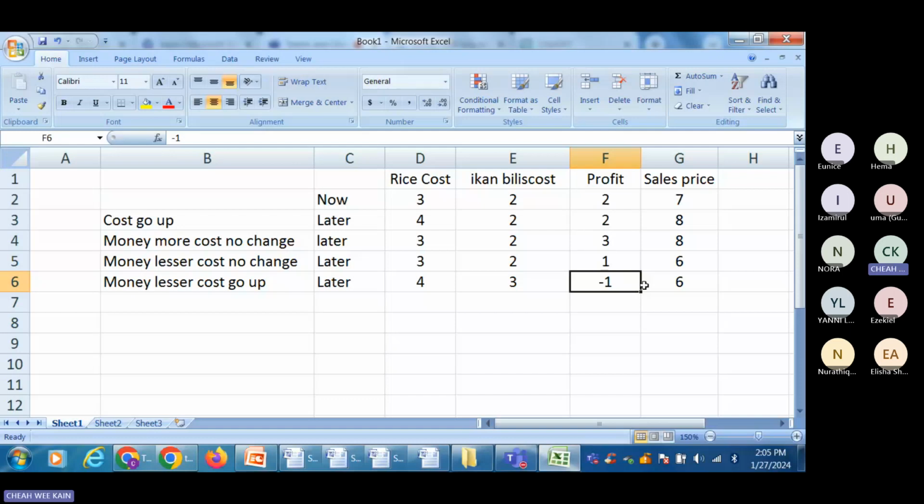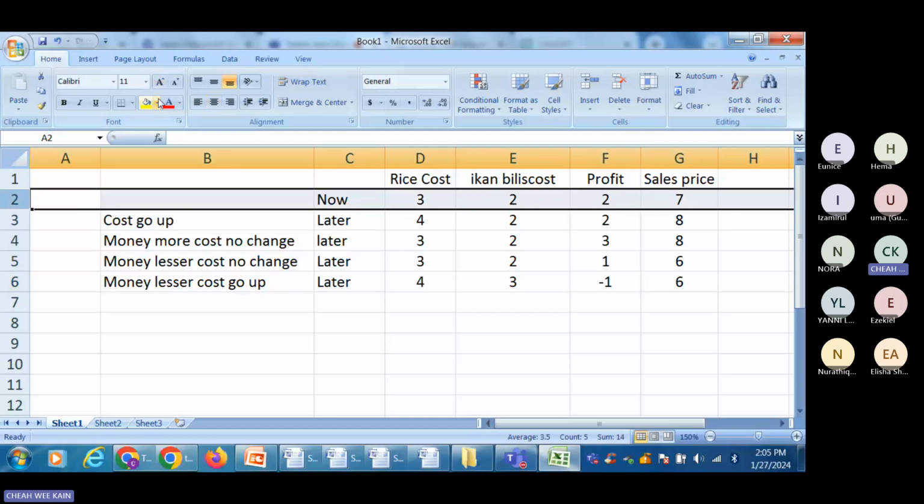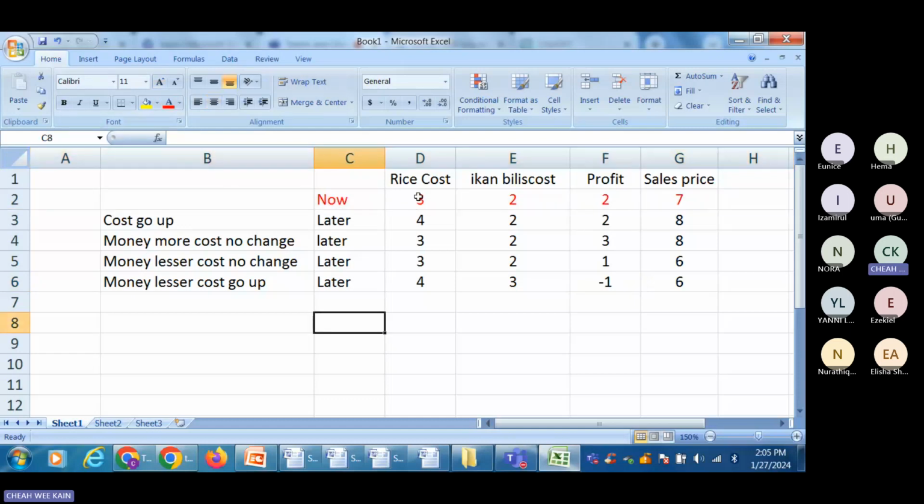If you are running a nasi lemak shop and your cost goes from 3, this is the original base, your original base is 3 and your cost goes up from 3 to 4. Ikan bilis also 2 to 3, right? And the people got no money. Last time you're selling at 7. Now you must sell lower at 6 because people have less money. So 4 plus 3, minus 1.